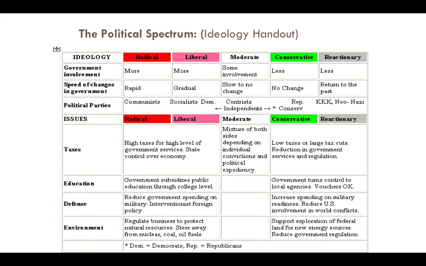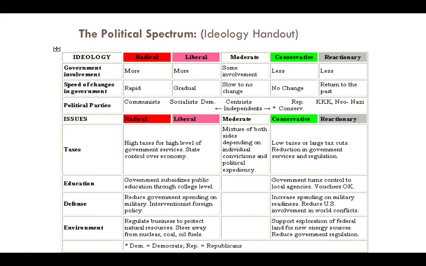We're not going to focus so much on radical or reactionary. On your chart, it'll ask for several items, such as government involvement. For liberal, you should know that it's more government involvement. With conservative, it's less. Speed of change is also on that chart, and that is going to be gradual change.